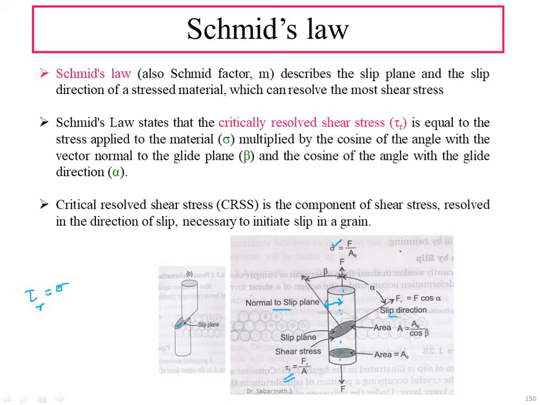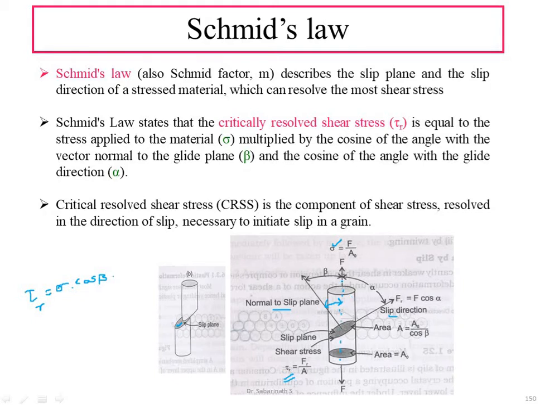Let's come to the law again. It's equal to the stress applied on the material multiplied by the cosine of the angle with the vector normal to the glide plane, so cos beta, again multiplied by the cosine of the angle with the glide direction.